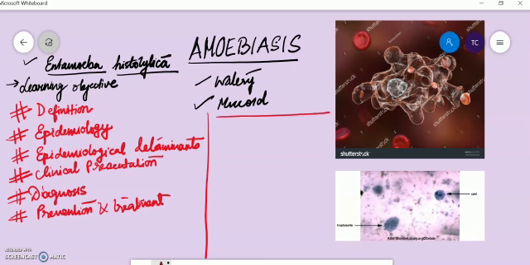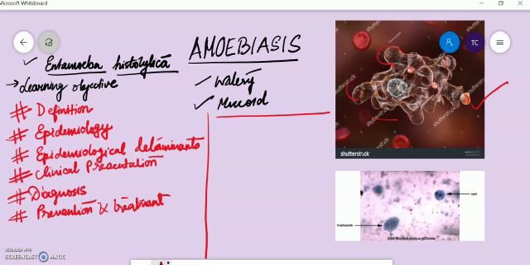Before I move on, can you see this image? This particular image is of an amoeba. It is pleomorphic, you don't get any specific shape of it. Protrusions come out and protrude to form pseudopodia, right?